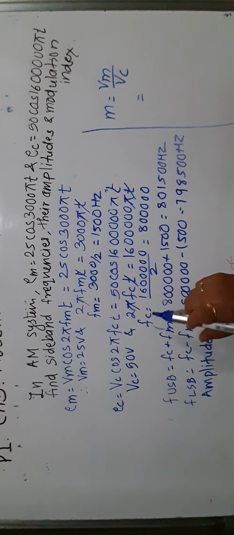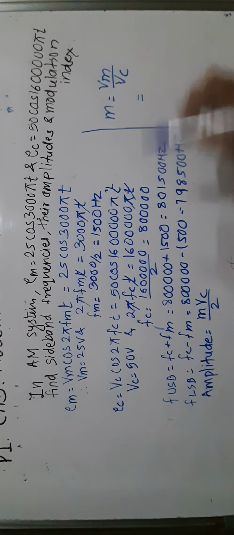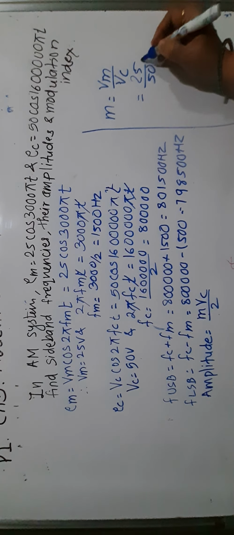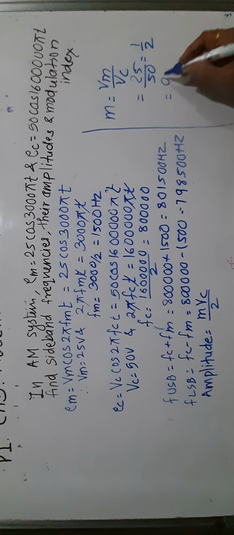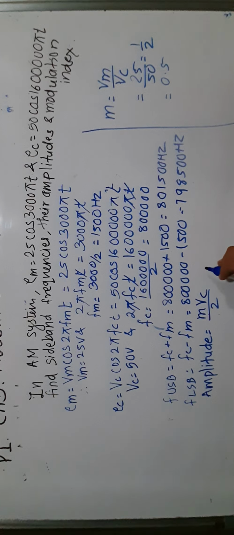So Vm is 25 and Vc is 50. 25 upon 50, so equal to 1 by 2 equal to 0.5. So we will substitute here M modulation index 0.5 into Vc is 50 upon 2.